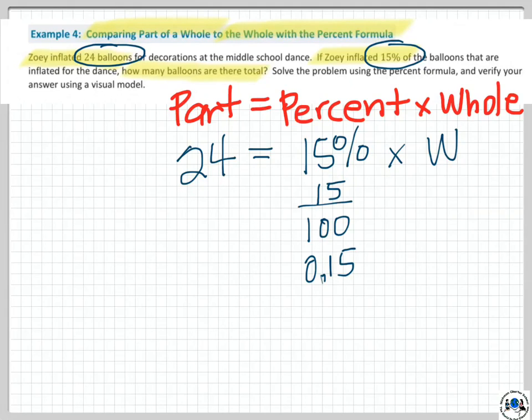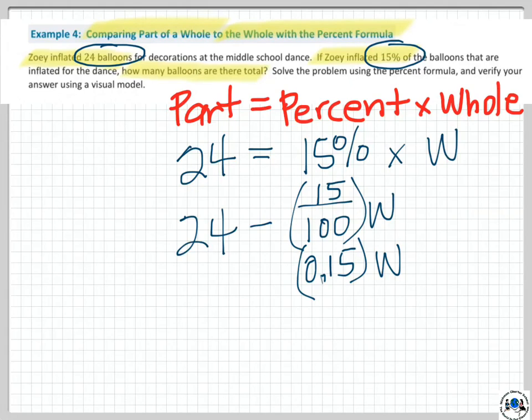Okay, we don't know the whole. Okay, W. So here is our problem. 24 equals 15/100ths W. Okay, so we can use this now to solve for the whole.